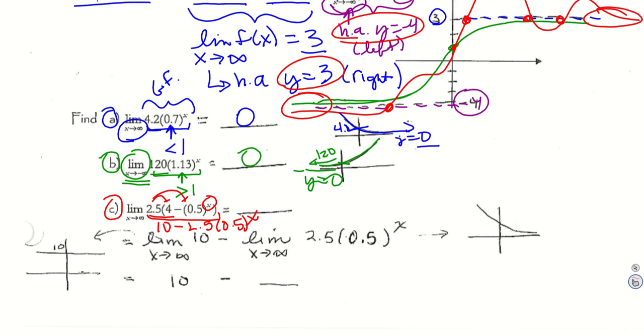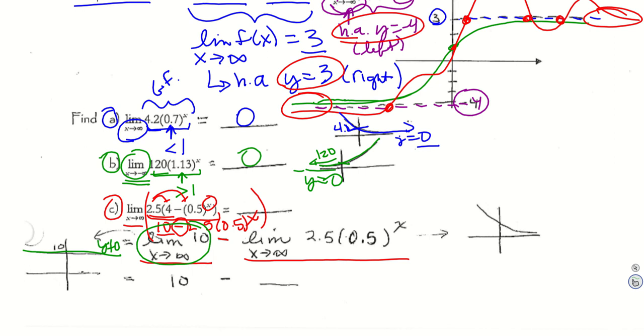So the limit of all of this is the same thing as the limit of the first term, so the limit of 10, then because this is minus, the limit of the rest, which is the limit of 2.5 times 0.5 to the x. So for me to find the limit of 10, I'm going to draw the graph of y equals 10.